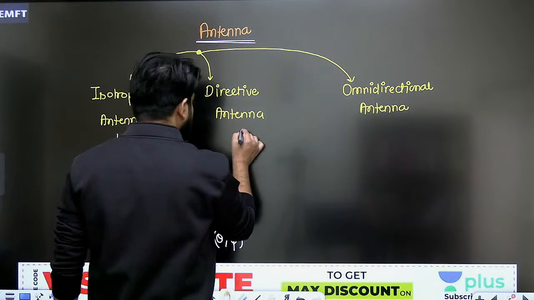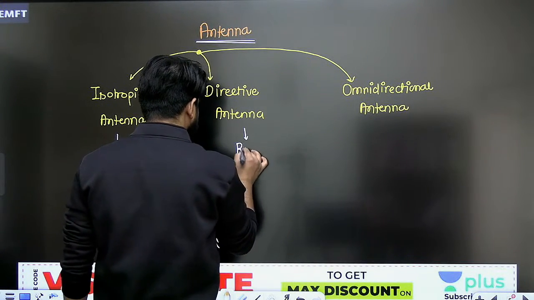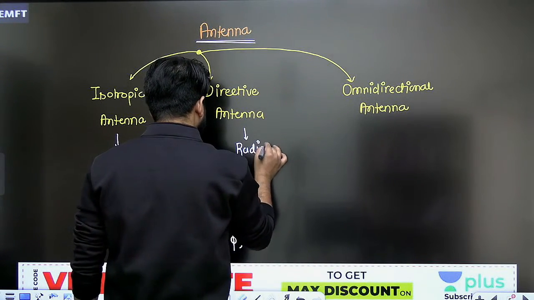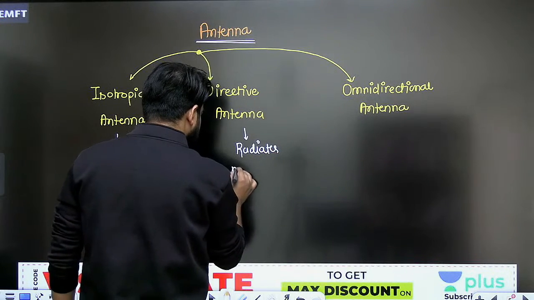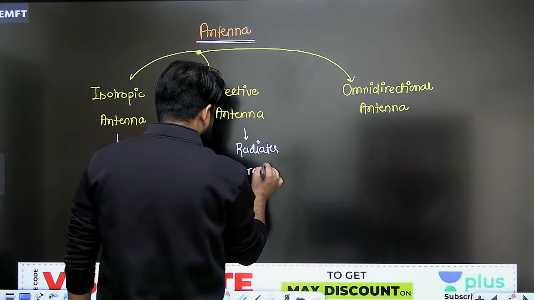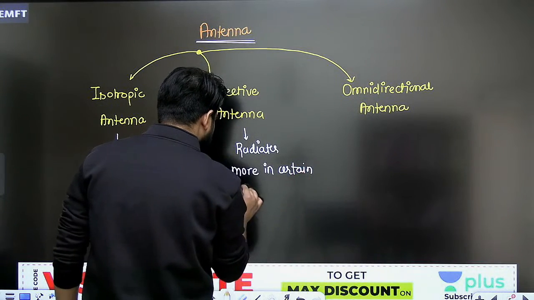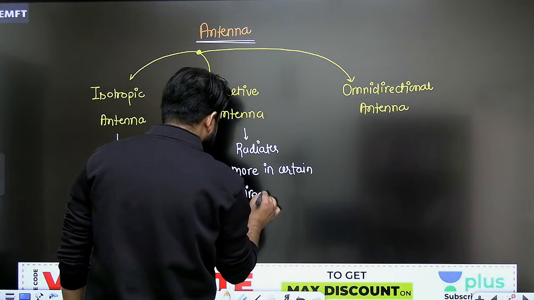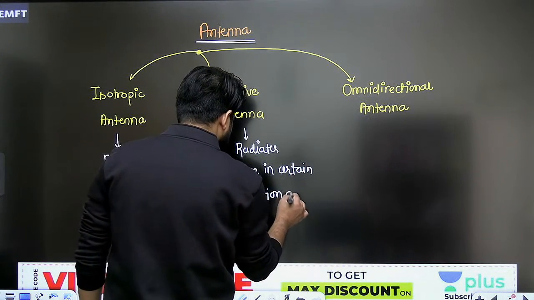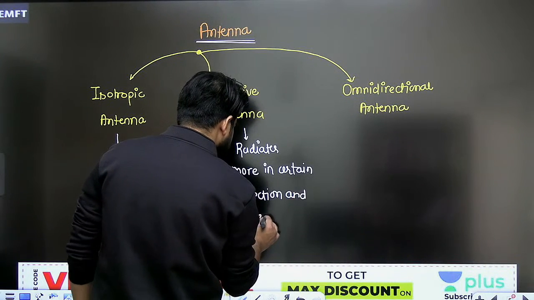What happens in a directive antenna? It radiates more in certain directions and less in certain directions.